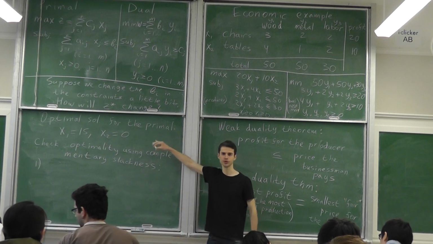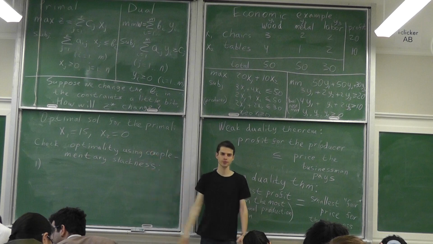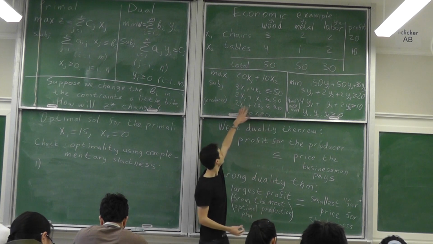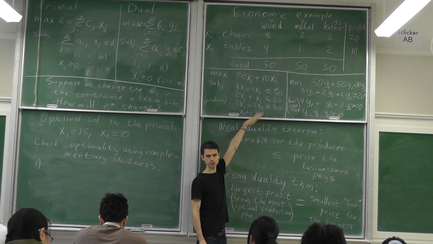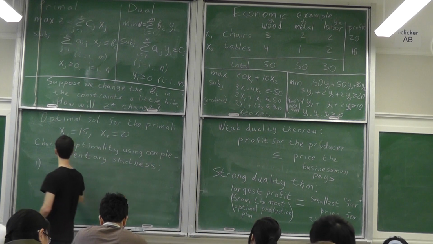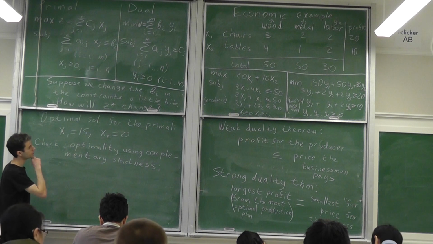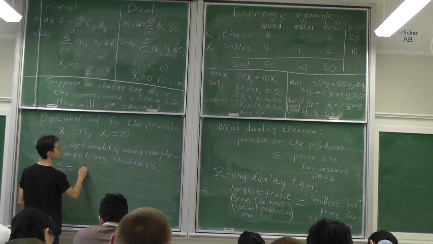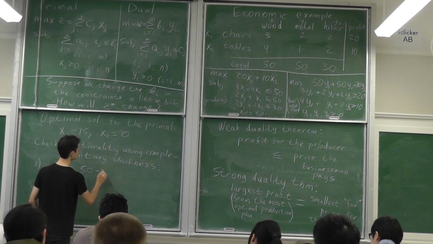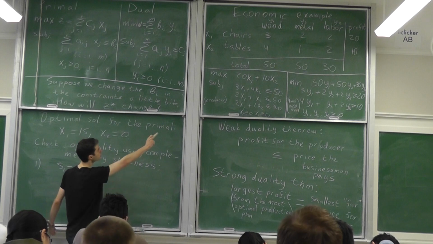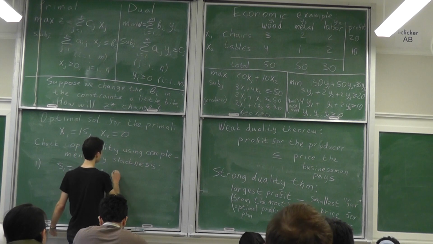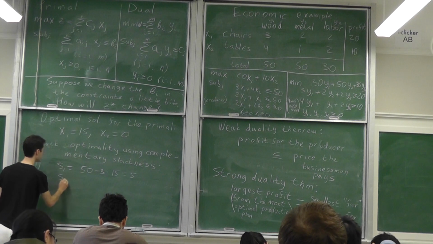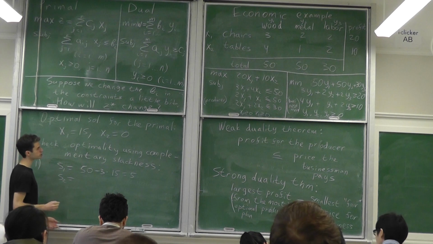Okay, I came to you and told you that this is the optimal solution. We now have the tool to check whether I was correct. We should check feasibility of this solution. For this we'll compute the slack variables. S1 is 50 minus 3 times 15, which is 5. It is definitely bigger than 0, so the first constraint is satisfied.